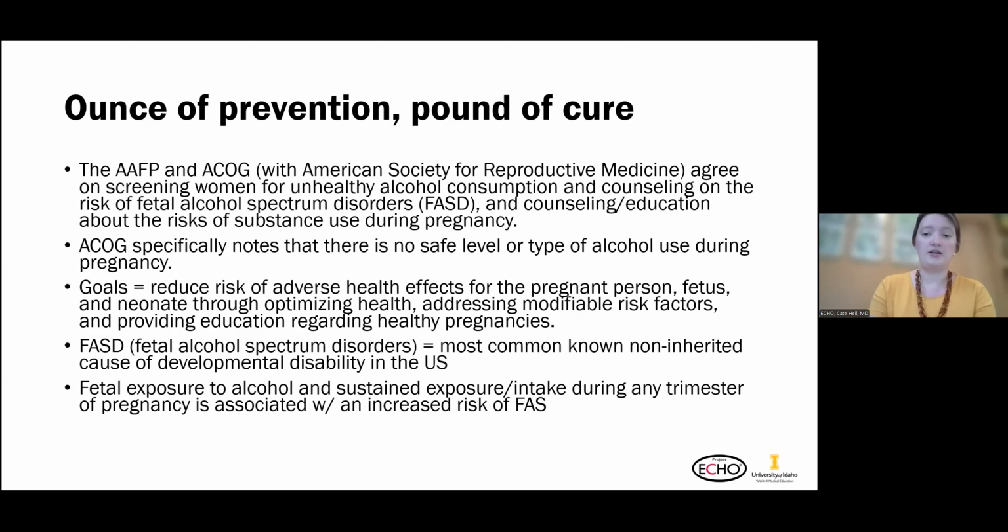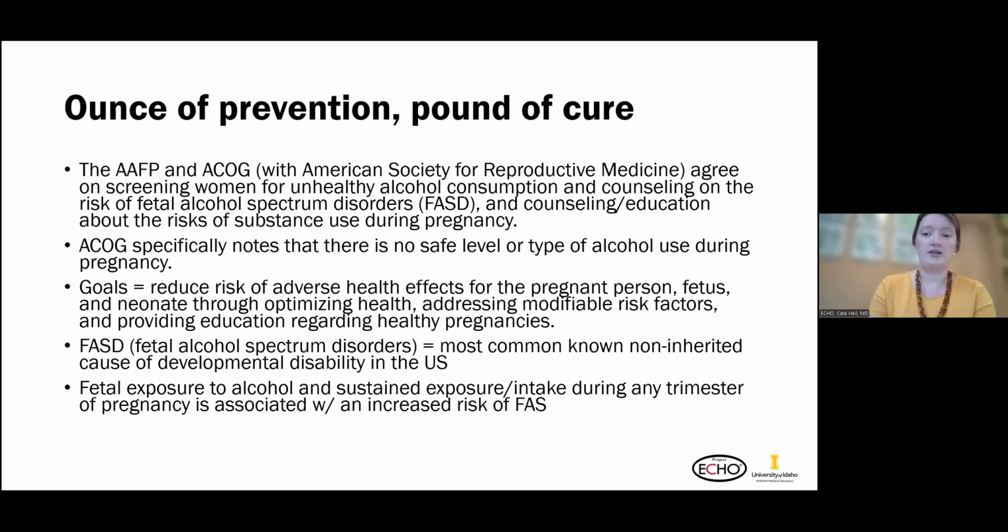So the thing that we do know is that fetal exposure to alcohol, and sustained exposure or intake during any trimester of pregnancy, is associated with an increased risk of fetal alcohol syndrome. So fetal alcohol syndrome would be the more severe end of the fetal alcohol spectrum disorders spectrum.